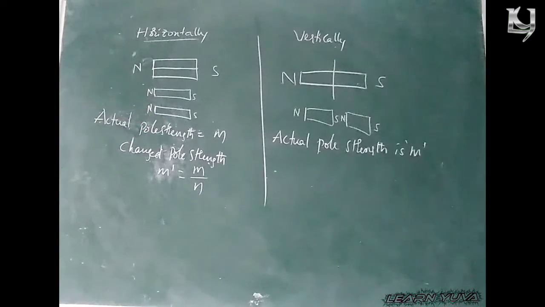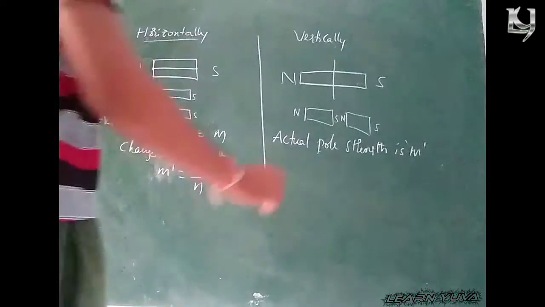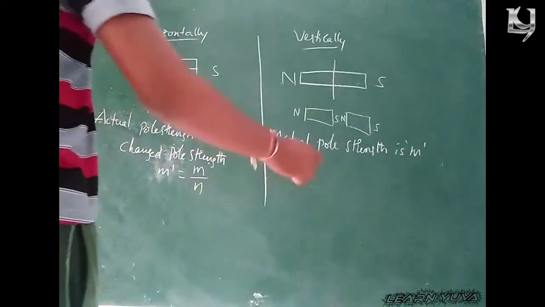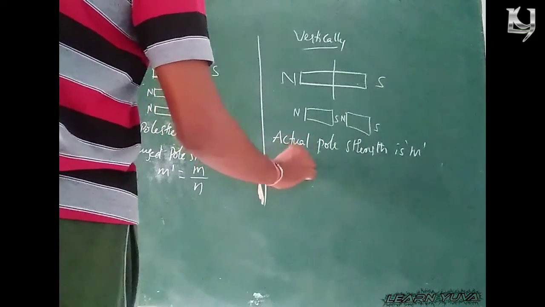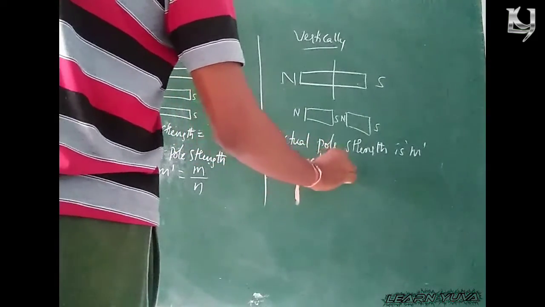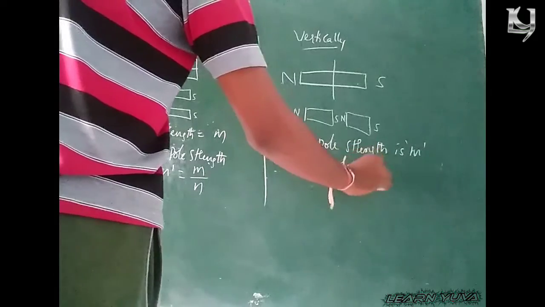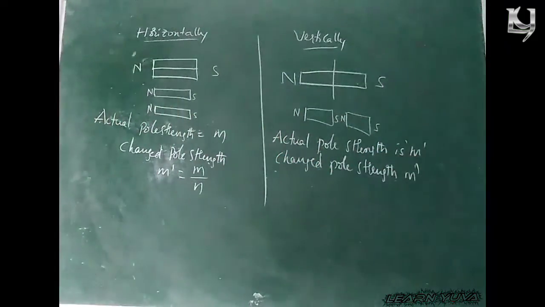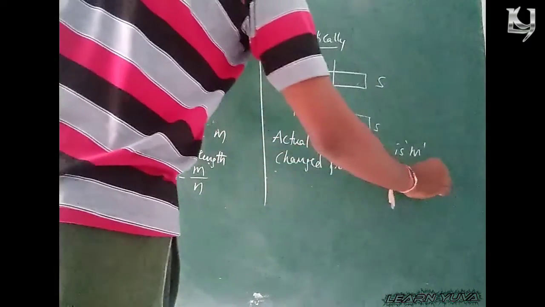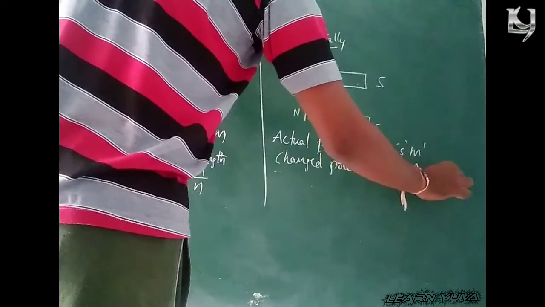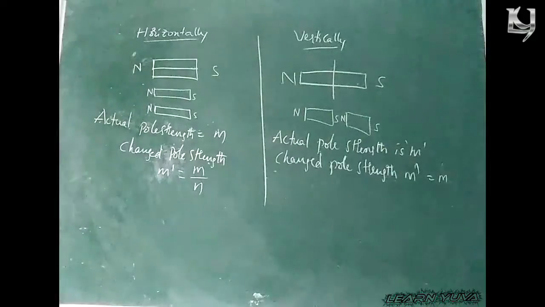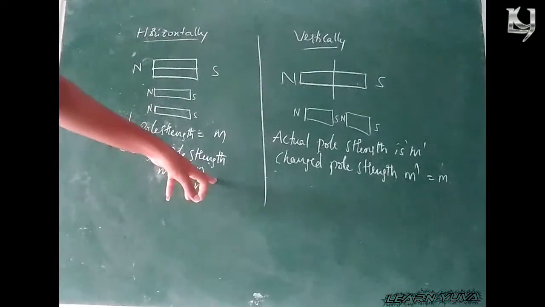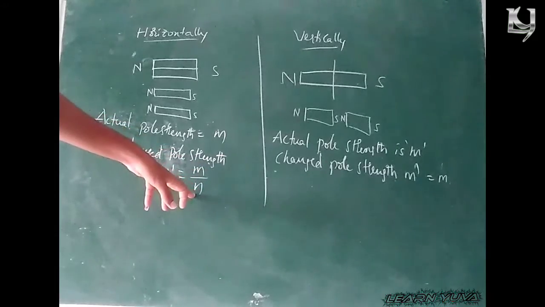Then what about the vertically breaking case? In the vertically breaking case, the change in pole strength M dash is equal to M. If you break into pieces, the pole strength is reduced to N times.